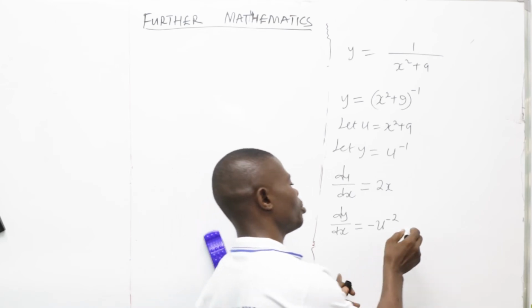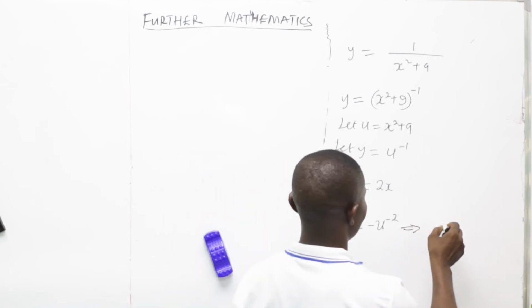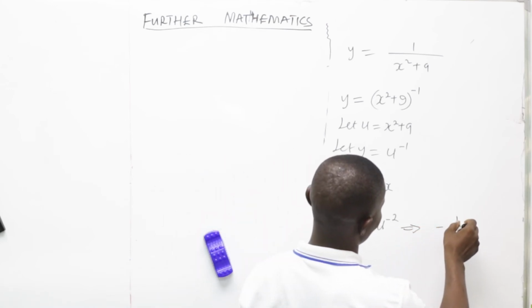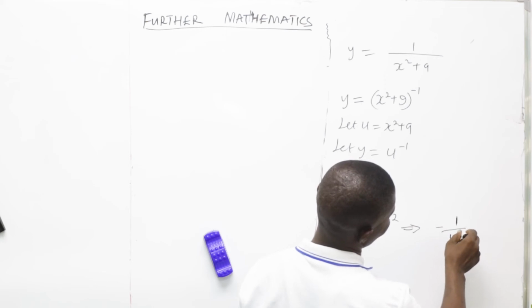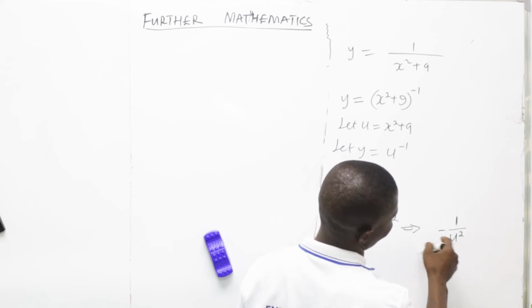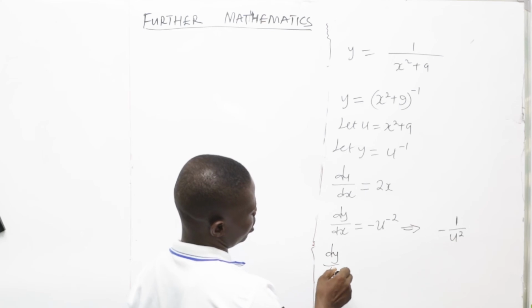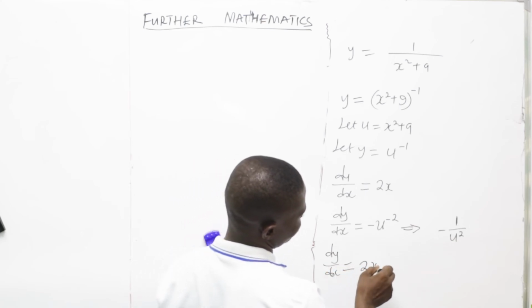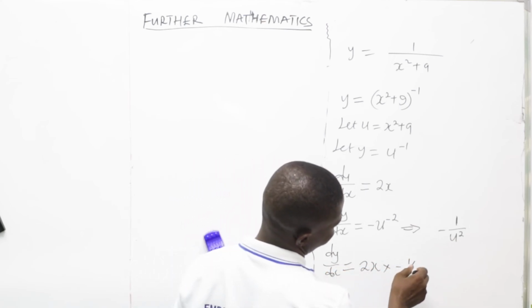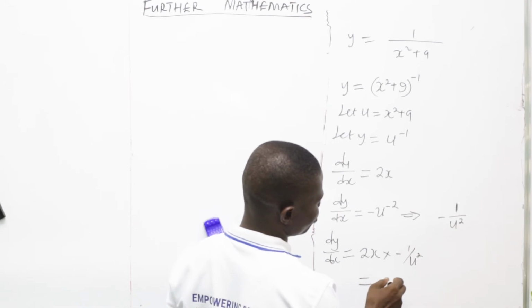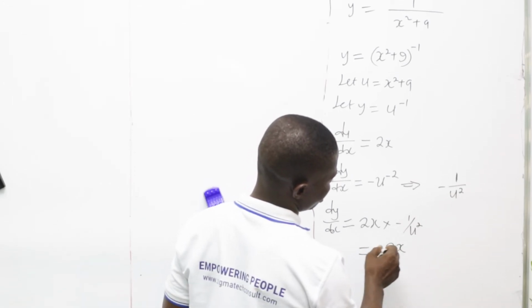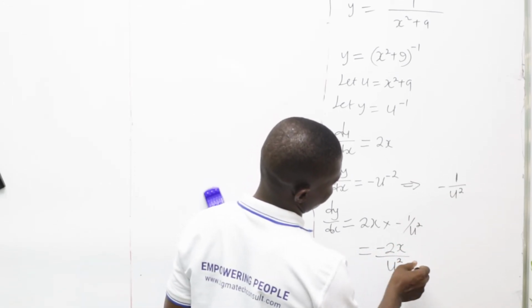When interpreted, this will imply minus 1 all over u squared. So dy/ds equals 2s times minus 1 all over u squared to give us what? Minus 2s all over u squared.